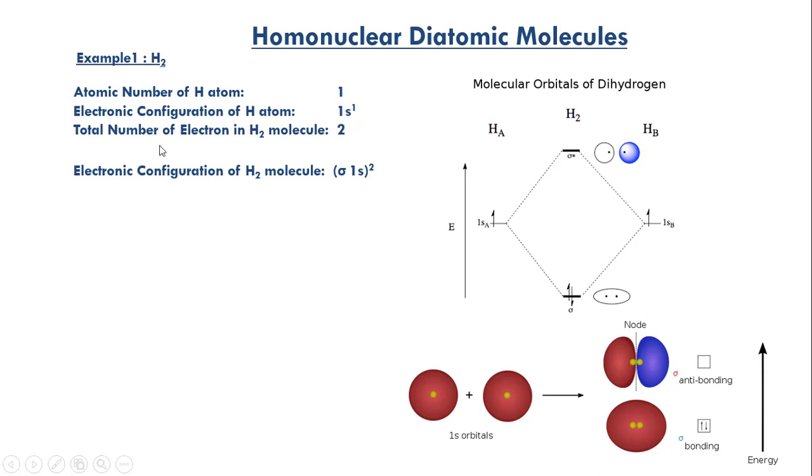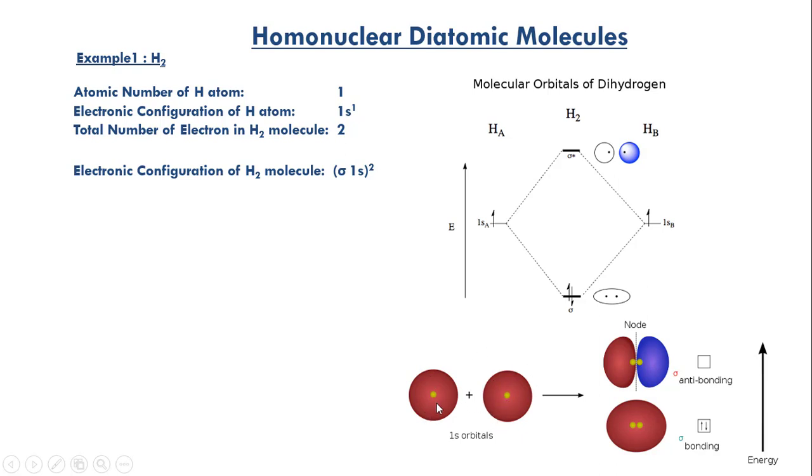This is the combination of two hydrogen atoms. This is the atomic orbital of one hydrogen and this is the atomic orbital of the other hydrogen atom. Each has atomic number 1, with electronic configuration 1s1.